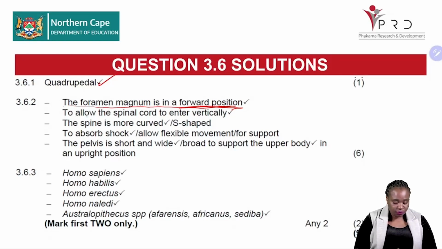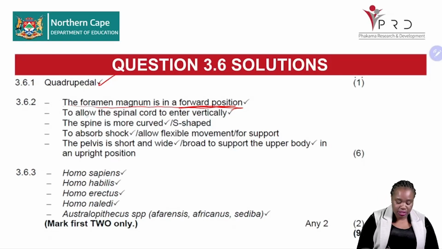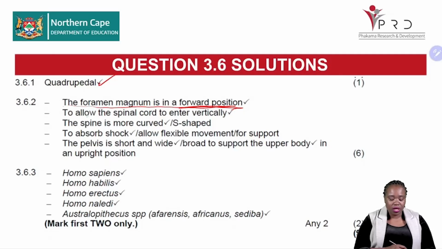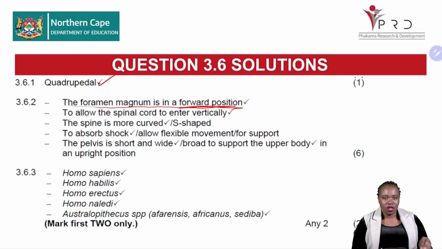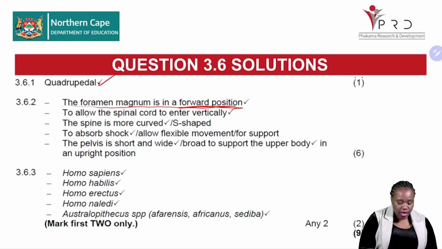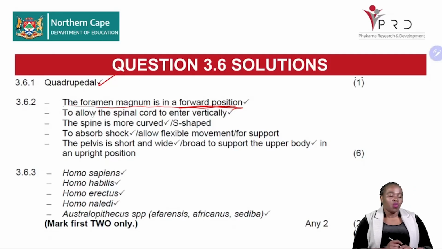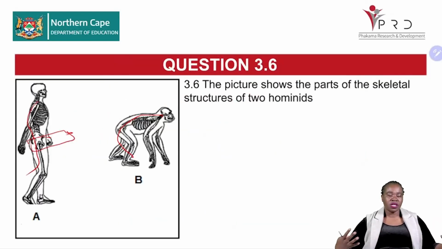And then the pelvis, the next one said how the pelvis is suited. So here we have a pelvis that is going to be short and wide. Now, when we have a pelvis that is short and wide, it means that we are going to have a big enough pelvis to carry the weight of the upper body, right?